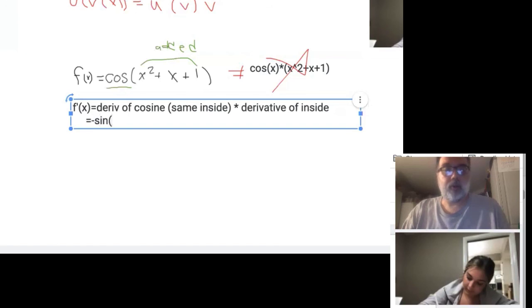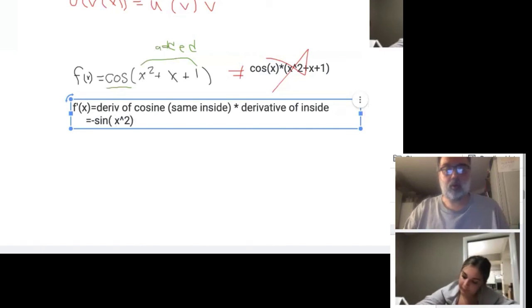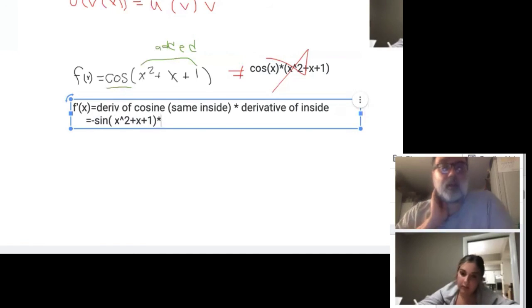And then what do we put in the parentheses here? So the same thing, x squared plus x plus 1. And now we multiply. And what do we multiply by? So the derivative of x squared would be 2x, like we said above, plus the derivative of x.